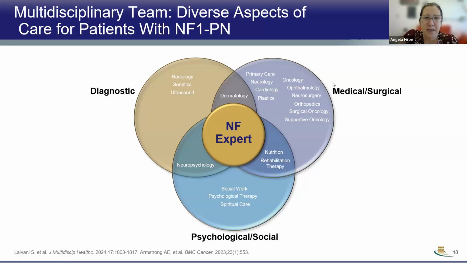But you certainly may need input from dermatologists, neuropsychology, radiology, genetics, cardiology, ophthalmology, the surgical specialties. And then also, important to point out social work, psychological therapies, and spiritual care, because a lot of these things can be very debilitating and impact patients on that psychosocial level as well.